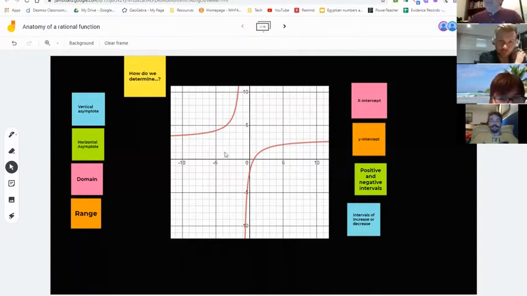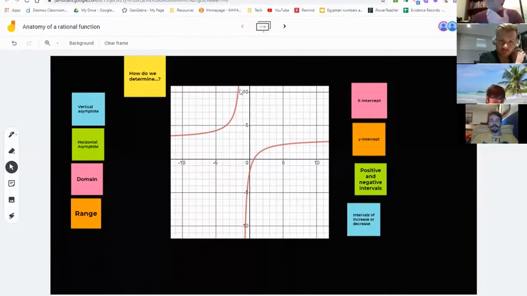We have here a rational function. We've been playing with some of these. I only want you to look at it graphically. Some of you are going to give me some algebraic stuff, and that's okay. But let's pretend that you're explaining to somebody who doesn't know: how do you determine the vertical asymptote?